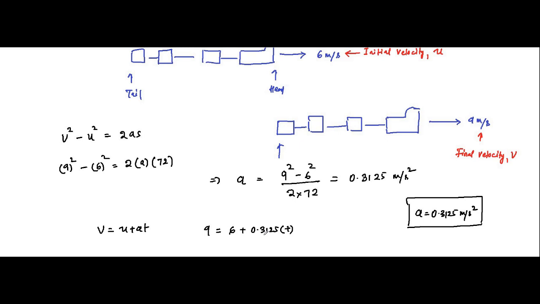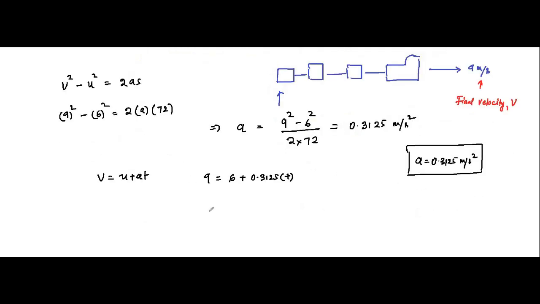So t is equal to 9 minus 6 by 0.3125, and that is coming around 9.6 seconds. Okay, the time is 9.6 seconds.